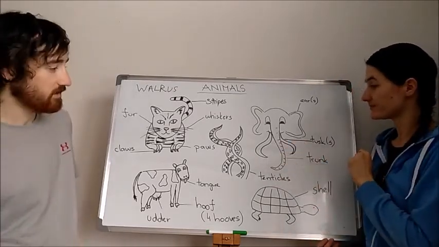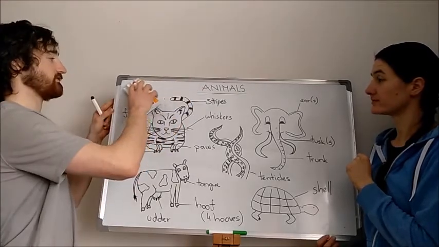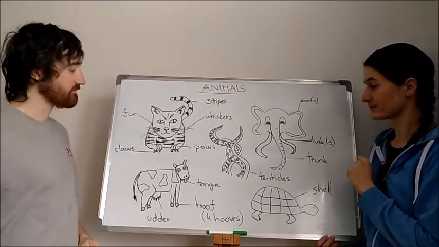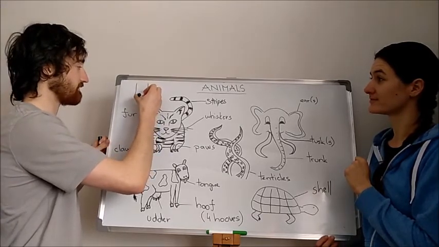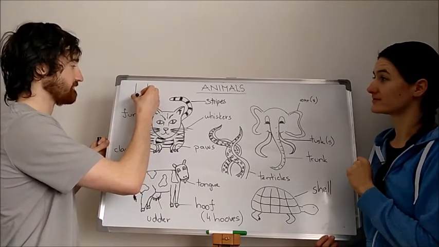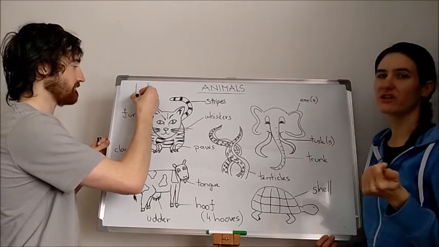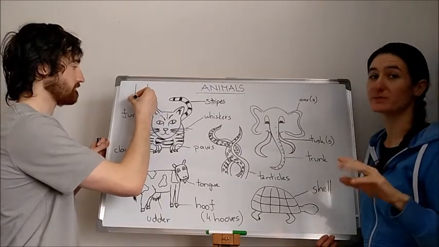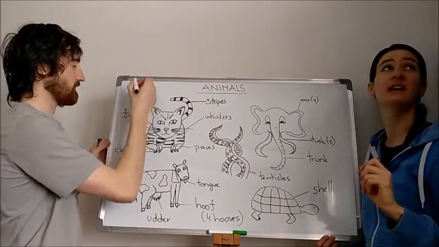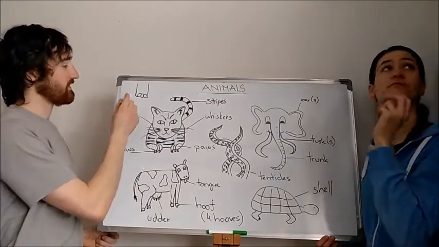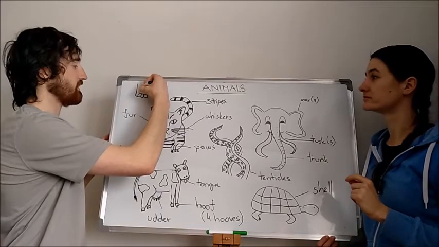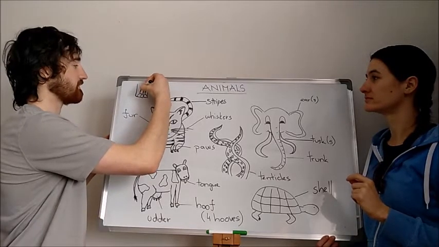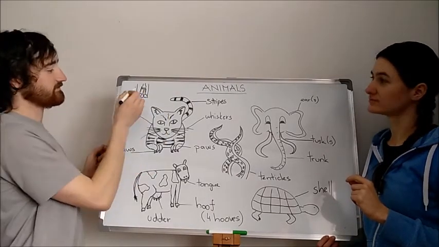And the other thing I wanted to say was elephants have feet like this, yeah? So they don't have paws, they don't have hooves, but they have feet. Their bones on the inside are like this. Do you see that?